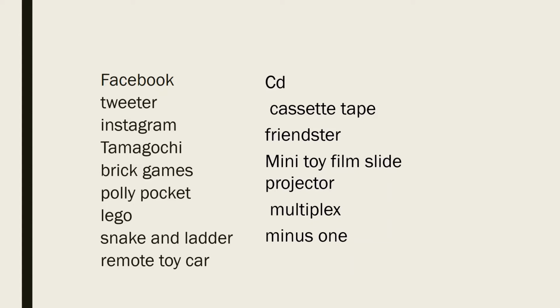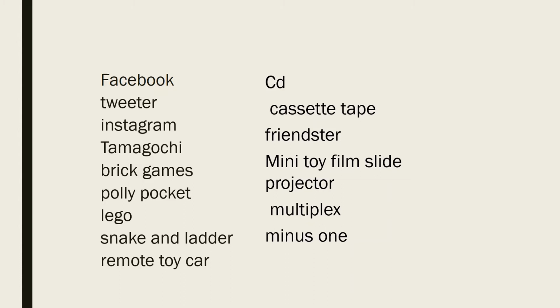This was very famous before Facebook arose. And then mini toy film slide. So if you're familiar with the mini toy film slide projector, these projectors were being rented during fiestas with a round film that you can place in the projector, and then you have to click it one by one.